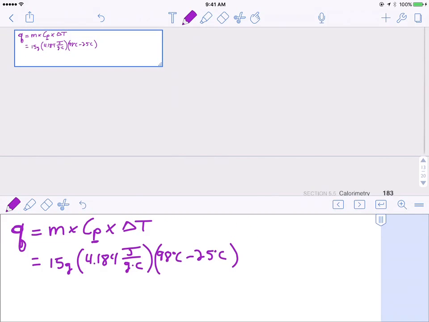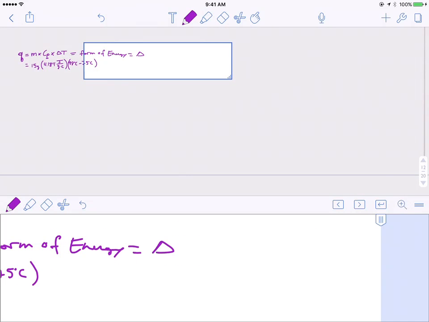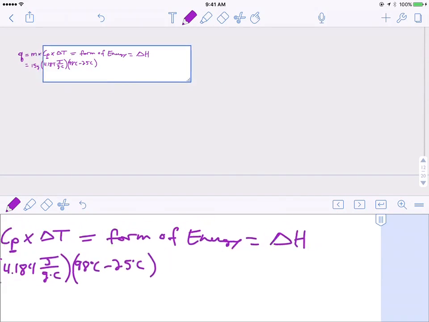And as you see, we have this great setup. Grams cancel out grams. Degrees Celsius cancels out Celsius. We're left with just joules, which is a form of energy, which is heat. Perfect. So remember this. Form of energy. Also a form of energy. Q is also equal to delta H, which is enthalpy.